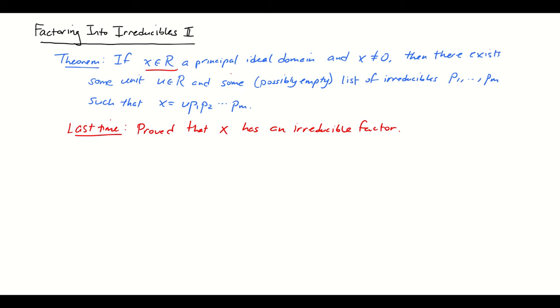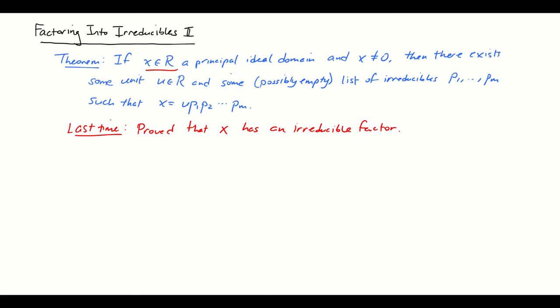Certainly a unit will not have an irreducible factor, but anything else will. If x is irreducible itself, then that's the irreducible factor. And if x is a non-zero, non-unit, and non-irreducible, then we can write it as a product of two things, neither of which is a unit, and then use the ascending chain condition to show that eventually we get an irreducible, even if it takes a few steps.